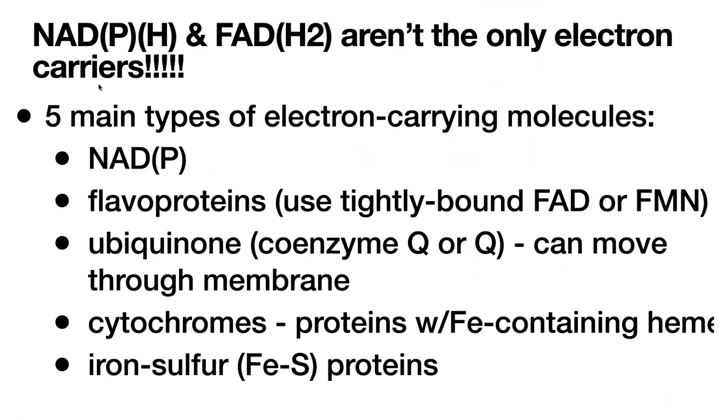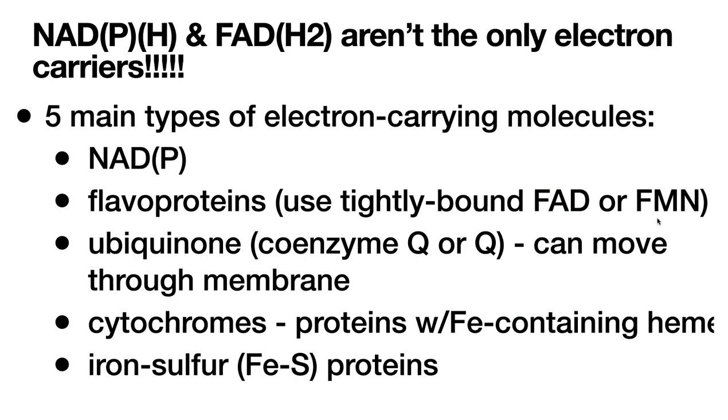There are 5 main types of electron carrying molecules. So we talked about our NAD or NADP. We also have our flavoproteins. We talked about FAD, but there's also a similar molecule, FMN, flavin mononucleotide, as opposed to flavin adenine dinucleotide. Very similar, but also a flavoprotein, so also very tightly held.